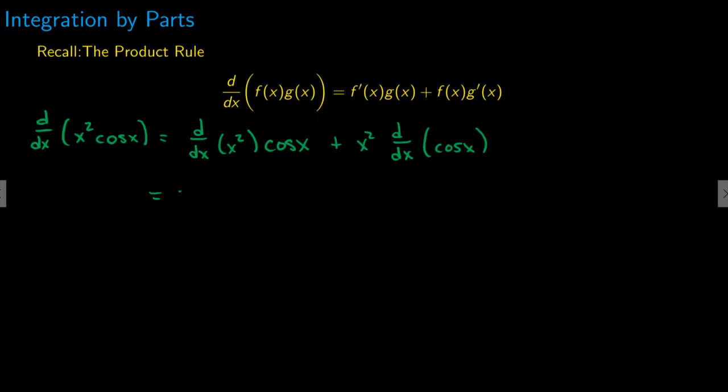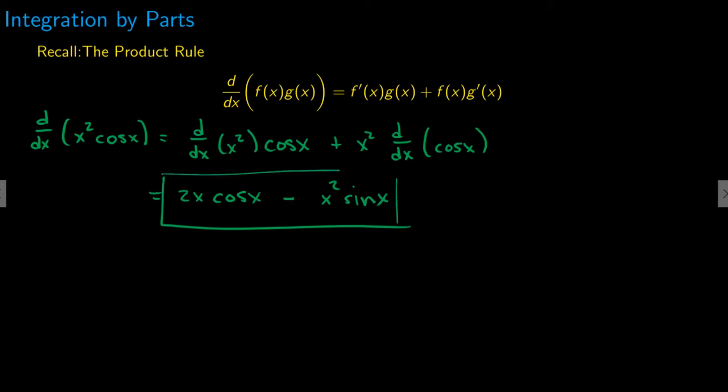And we can calculate these derivatives. The first one's going to be 2x times cosine x. And then I know the derivative of cosine is minus sine, so I'm just going to write minus x squared times sine x. And that would be the derivative of that product of functions x squared times cosine x.